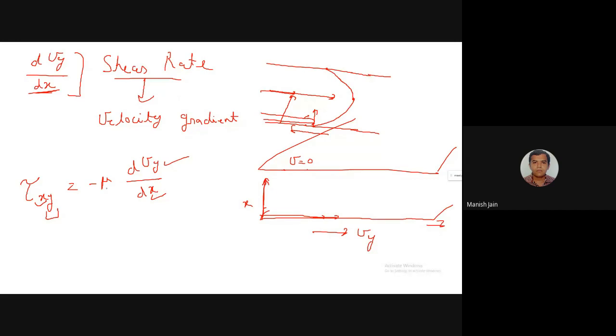So in the shear stress term, the second index is the direction of the velocity, and the first index is the same as the direction of the gradient.